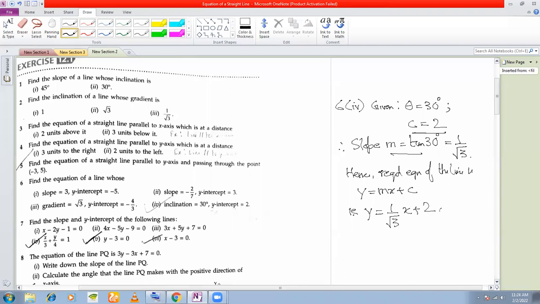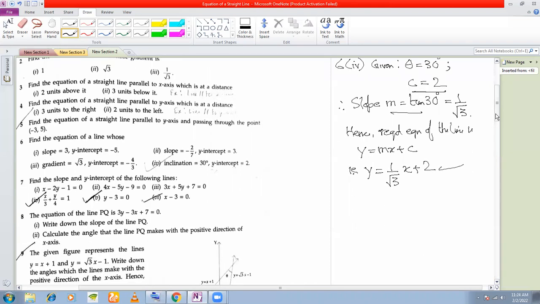And this is your required equation of the straight line. You can express this in a better way. It's just the way you write your simultaneous equations. You can write this as y is equal to, if you take the LCM, x plus 2 root 3 over root 3. And now you can multiply, y root 3 is equal to x plus 2 root 3, cross multiplication.